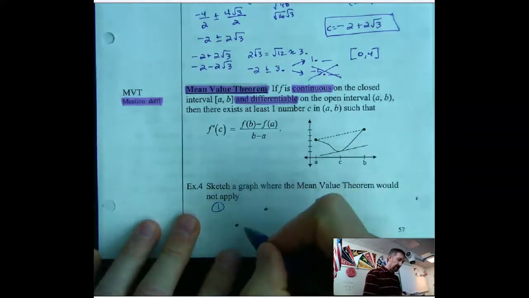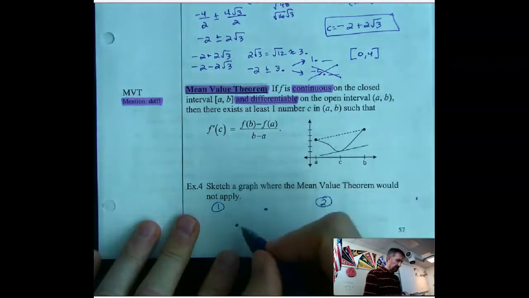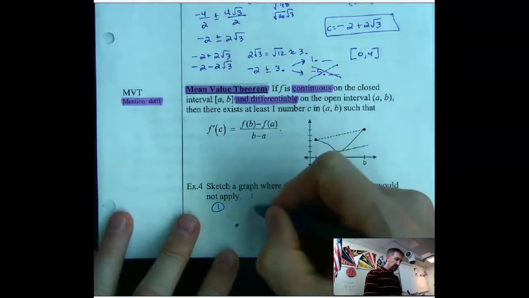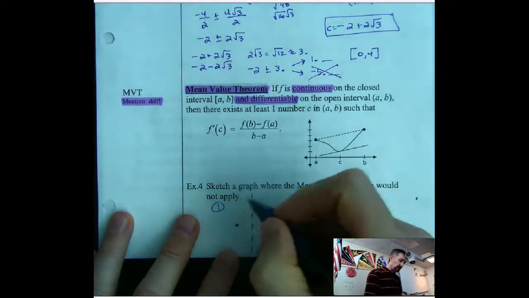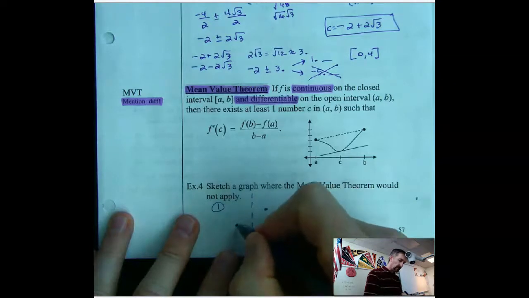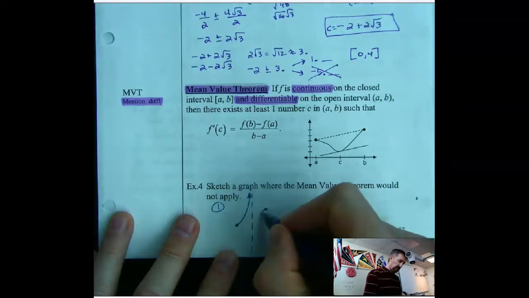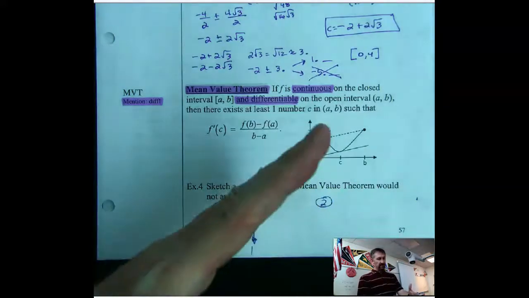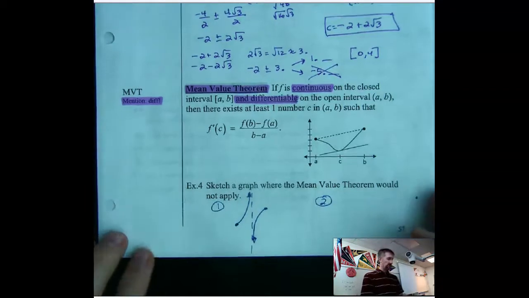So if it's not continuous, this might go up like this, and this could go down like that, and it never has, these slopes are steeper, it never has that slope in between there.